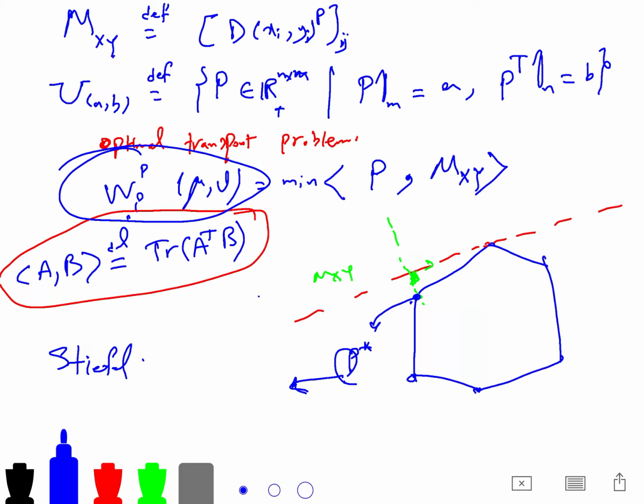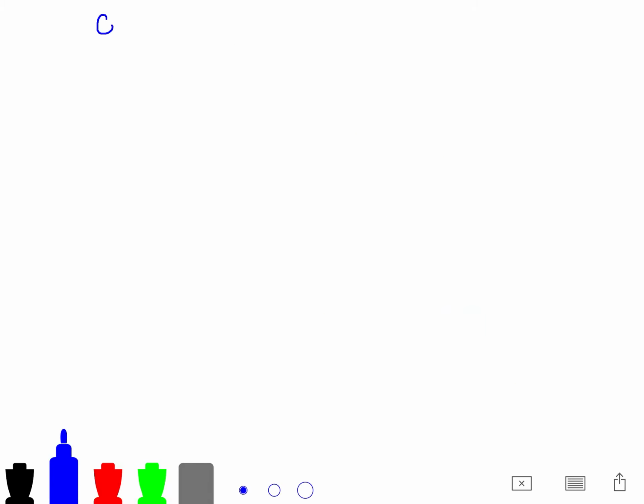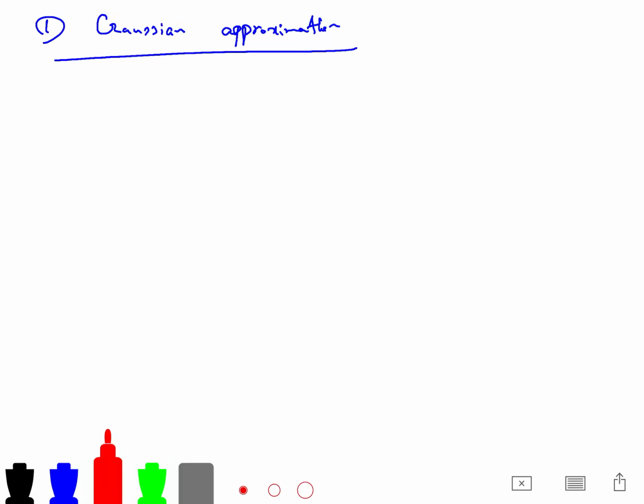So one way of regularization is that, let's say we stick to Gaussian approximation. There are many ways to regularize; one way is Gaussian approximation.